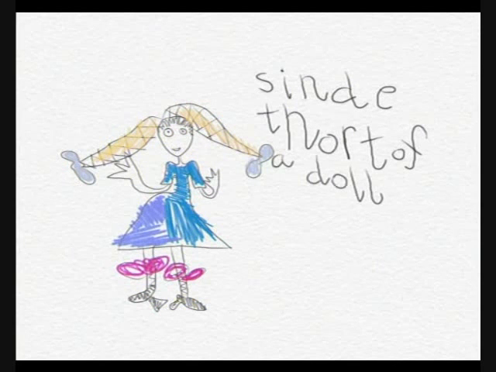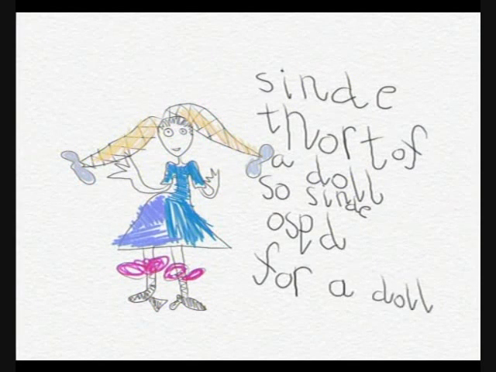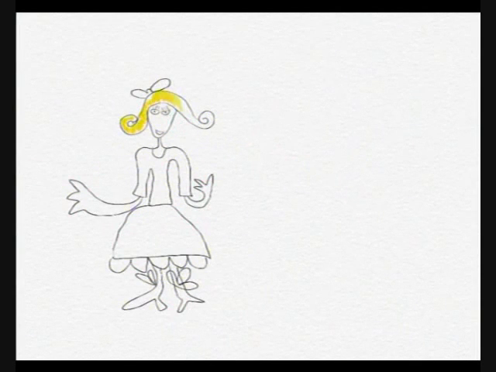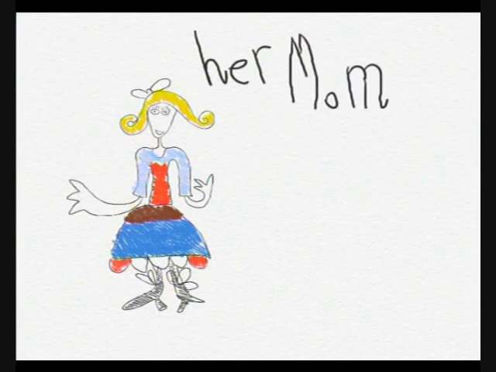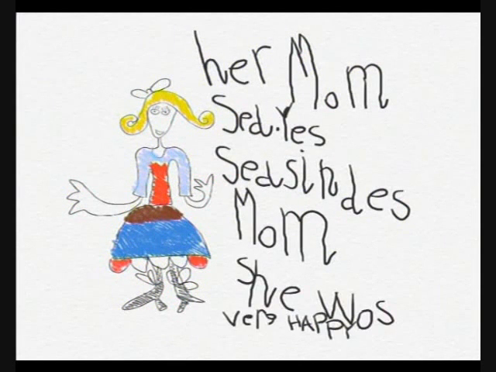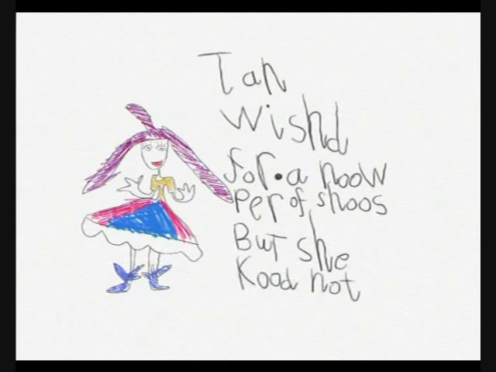Cindy thought of a doll. So Cindy asked for a doll. Her mom said yes, said Cindy's mom. She was very happy. Jan wished for a new pair of shoes, but she could not.